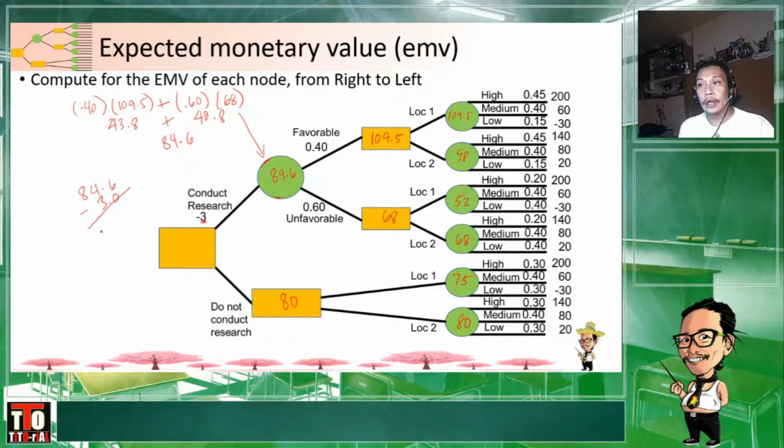So, ang mangyayari, you have 81.6, which is ito yung expected monetary value natin on our final decision. Okay? So, 81.6 is still higher than 80. So, basically, choosing the higher value, we will choose to conduct research.